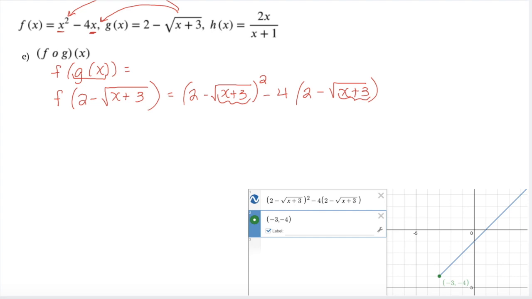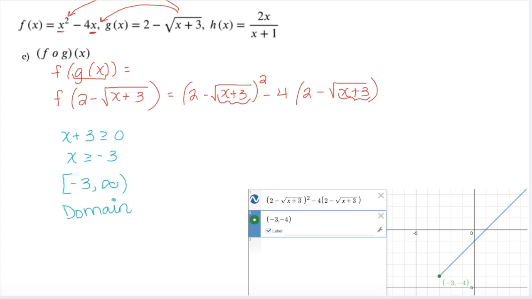I need to make sure that for my domain, x plus 3 is greater than or equal to 0. So I need to make sure that x is greater than or equal to -3. So my domain has to be from -3 to infinity. And now we can focus on solving and simplifying.